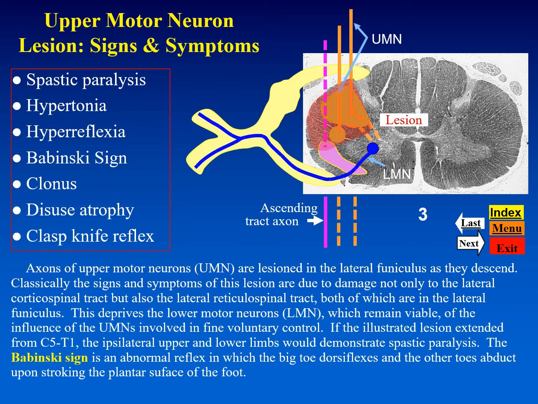And these would be the findings in an upper motor neuron lesion. In this case, the upper motor neurons cannot get a signal to the lower motor neurons because of the lesion site.